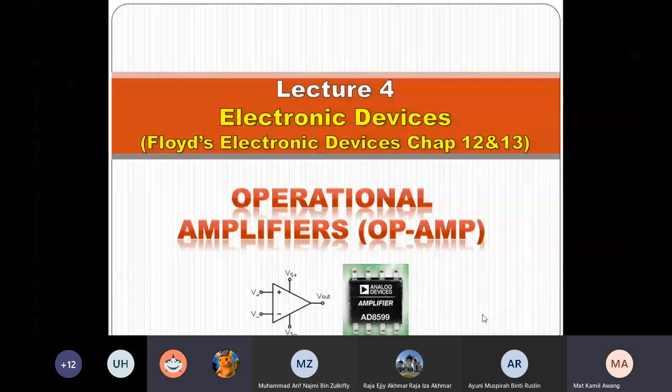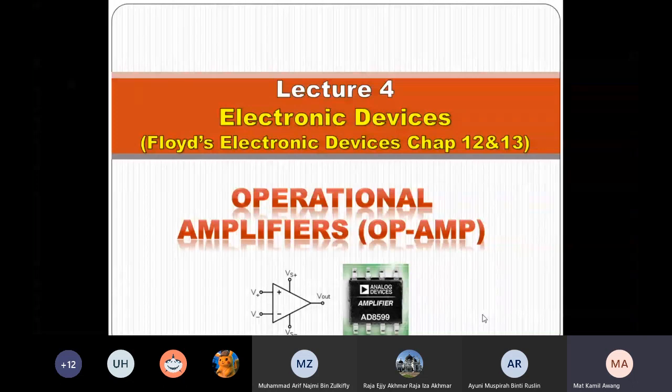So now we start with the lecture on the operational amplifier. If you look at the symbol in the slides, this is the symbol of the operational amplifier, which is a triangle with two inputs, V plus and V minus, and you have Vs plus and Vs minus as the power supply, and you have the V out.